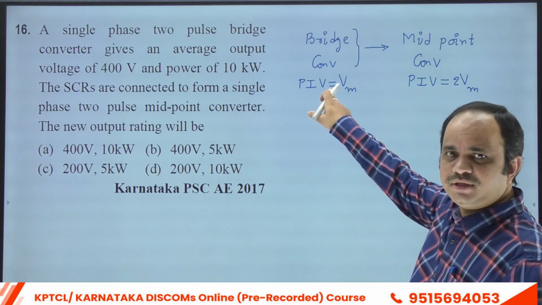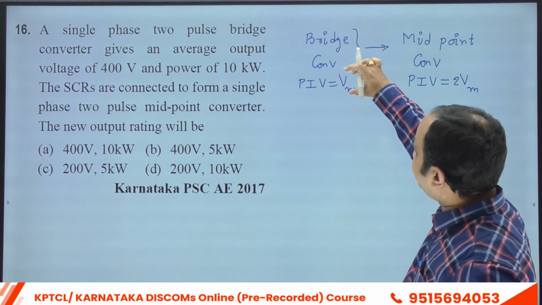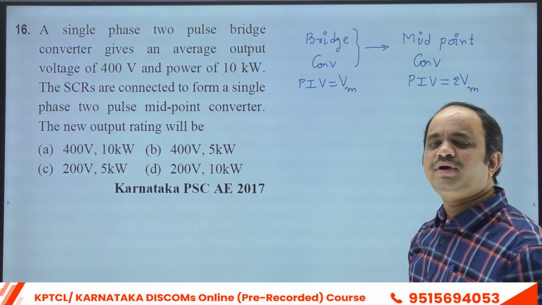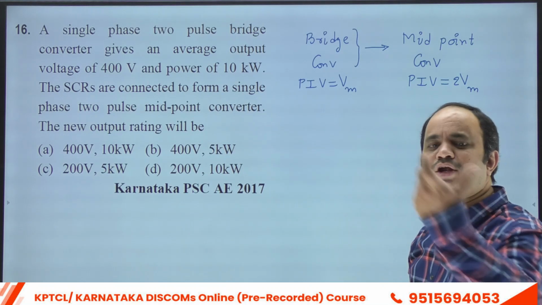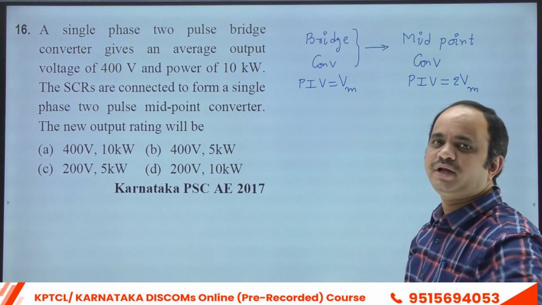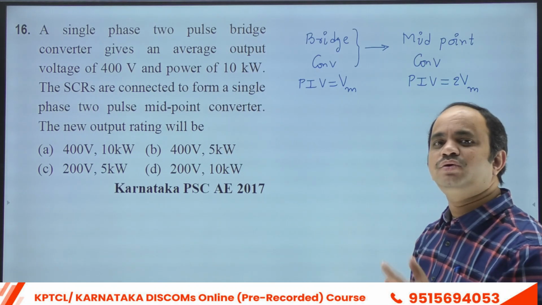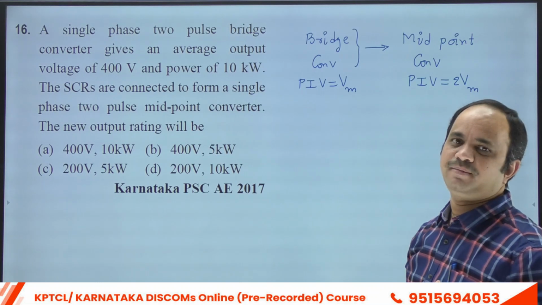Because for example, if I am using a device with a voltage rating of, let us say, 100 volt, I need to use the same device in the midpoint converter. Therefore, to sustain that 100 volt, I need to reduce the source voltage rating.